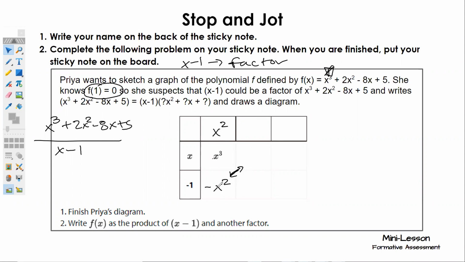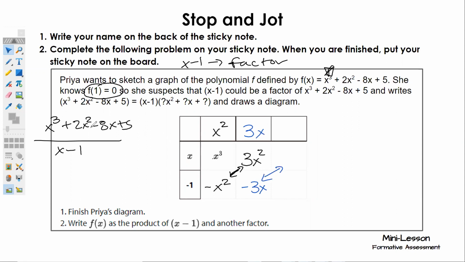Try again. What plus negative 1 would give us 2? 3x squared. And we're going to ask ourselves, what times x would give us 3x squared? 3x. 3x times negative 1 is negative 3x.